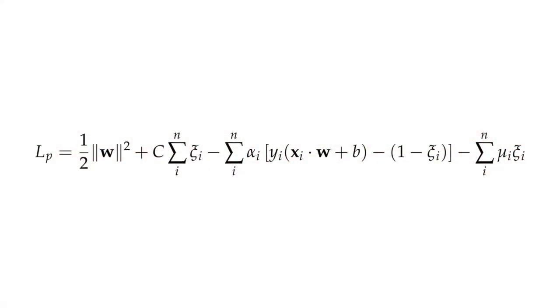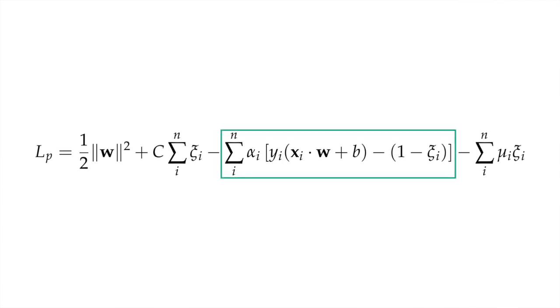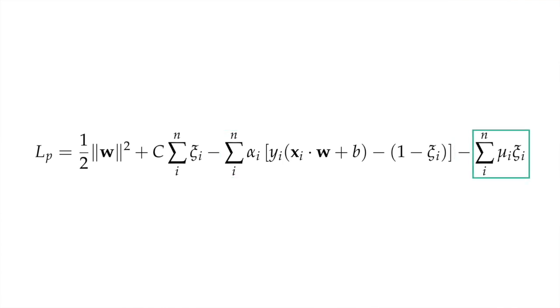When we form the Lagrange multiplier primal objective for this problem, the structure is very similar to how it was for the hard margin case, but now it's a bit longer and more complicated, and we have two distinct sets of Lagrange multipliers. There is the alpha, which control the margin constraints, and also there are now these mu i, which control the constraints on the slack variables.